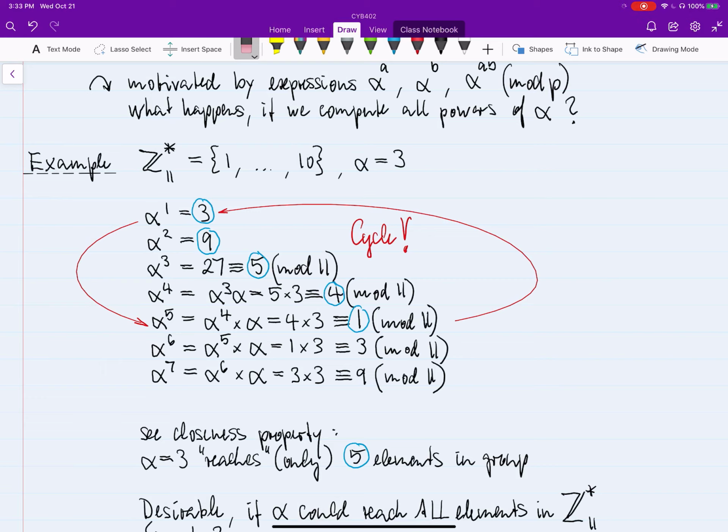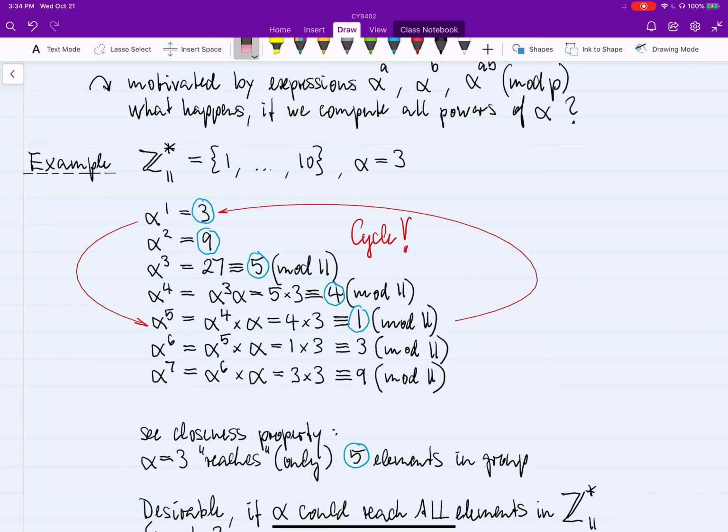In LFSRs, you needed to choose the feedback configuration of the different flip-flops wisely to actually get a maximum period. Here we also have a period, and it is not maximum.